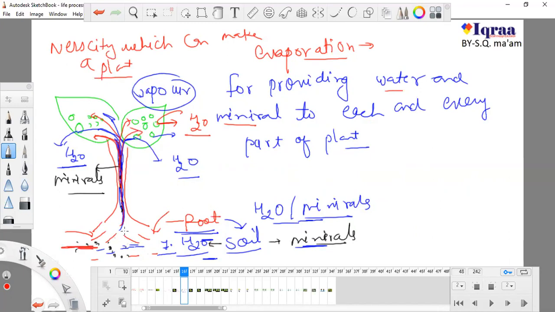A plant will die by evaporation, but it needs to conduct water to each and every part.